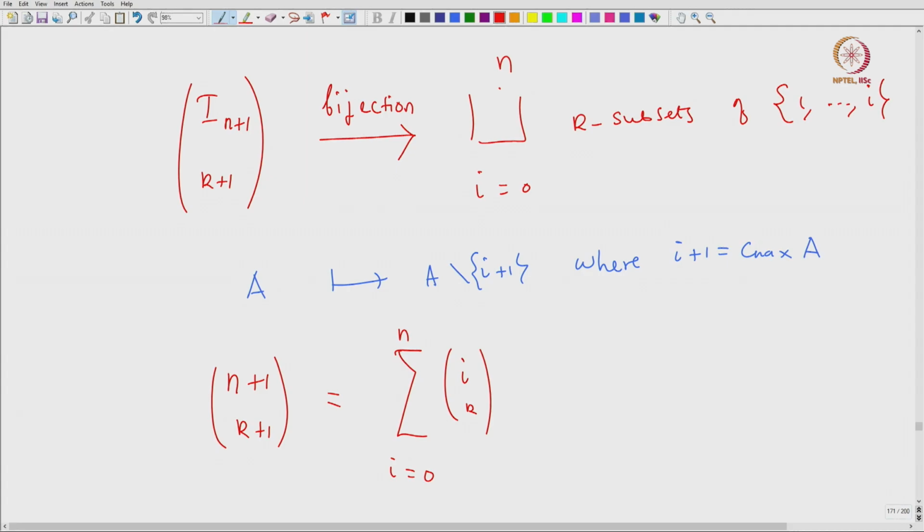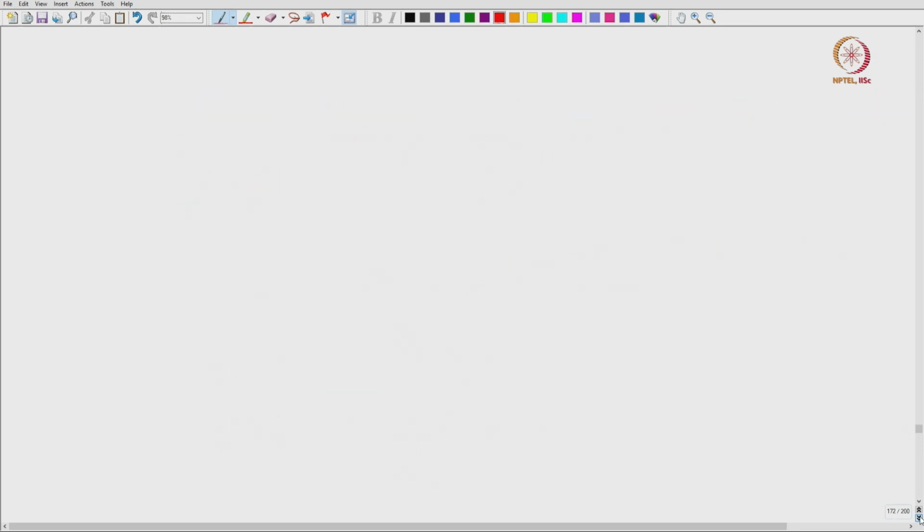So, now we are going to do the counting on the down diagonal from left to right, starting with row m and column 0. Let us look at what happens.